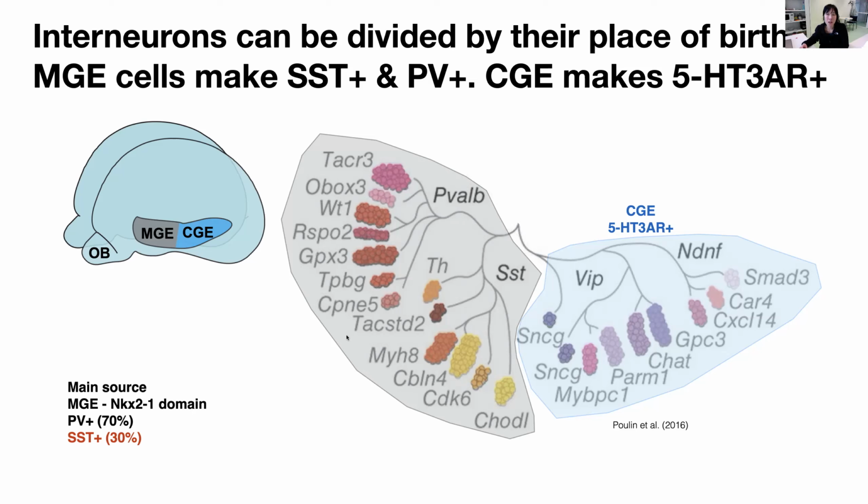What we can mark are full populations that come from the caudal ganglionic eminence, full populations that come from the medial ganglionic eminence, as well as a subpopulation, the somatostatin-expressing interneurons. So with these transgenic Cre lines, we started to assess the migration pattern of different major groups of cortical inhibitory neurons.